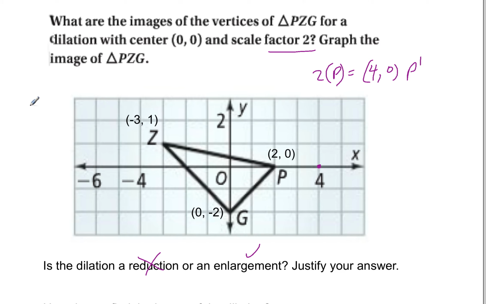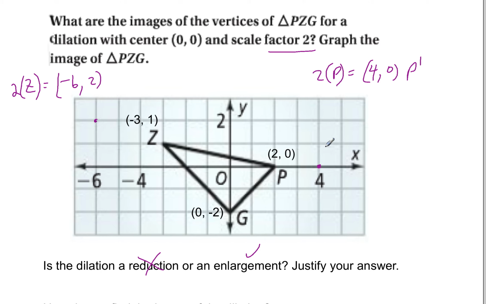Next, z. My scale factor is 2, so I'm going to take 2 times z, and z is negative 3, 1. So 2 times negative 3 is negative 6, and 2 times 1 is 2. So z prime is going to be negative 6, 2. So this is going to be z prime.